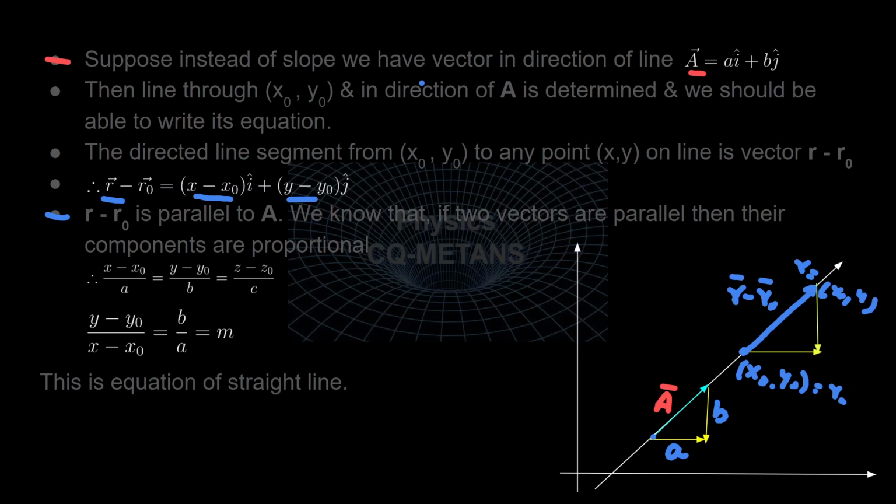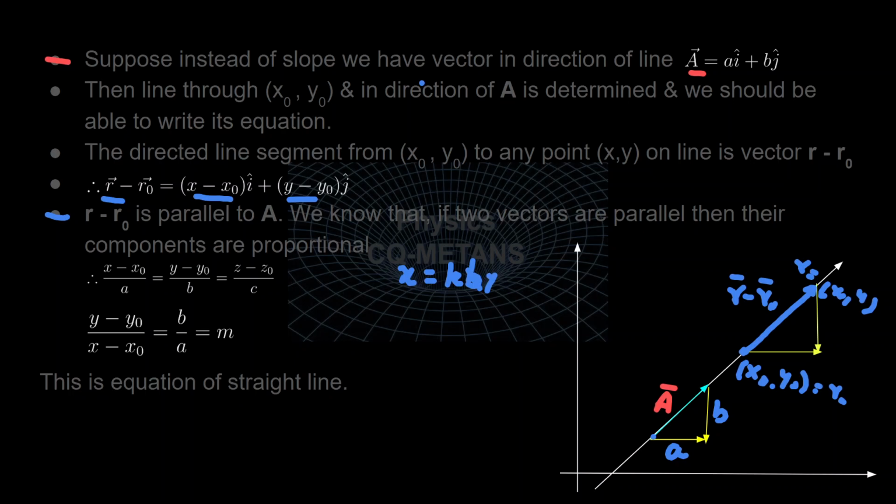If I have two parallel vectors, then their components are proportional. We have already seen that if I have parallel vectors, then I can write one vector as a scalar multiple of another vector. Sorry, this is y. So we can write x by y is equal to k.